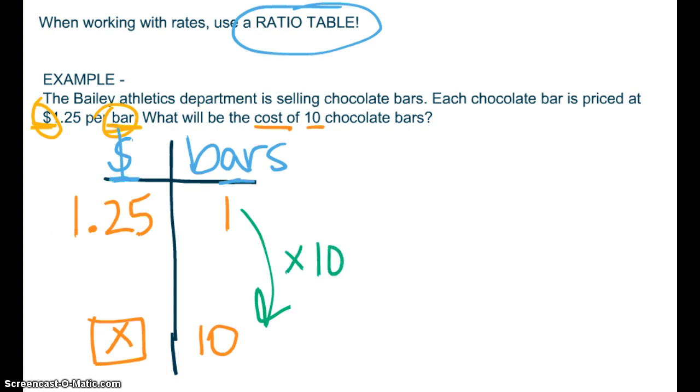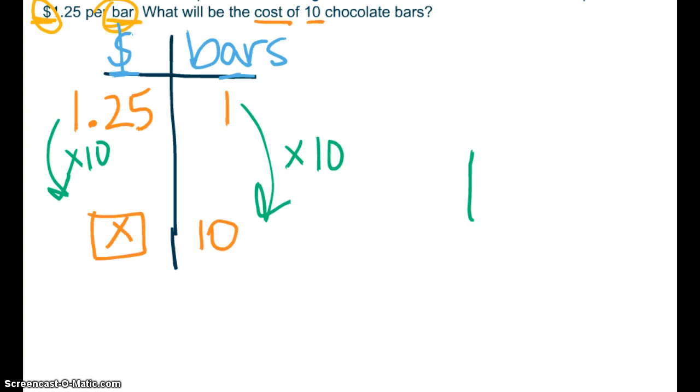I multiply by 10. So for my dollars, because I have a proportional relationship, I have to say that I'm going to multiply my dollars by 10. So $1.25 times 10 is going to be $12.50.